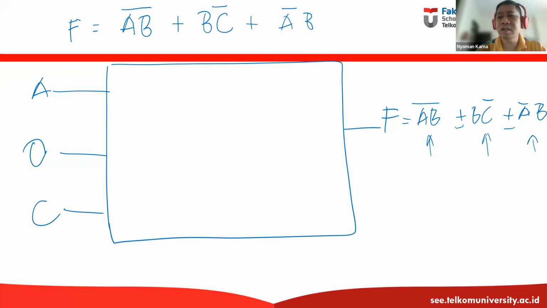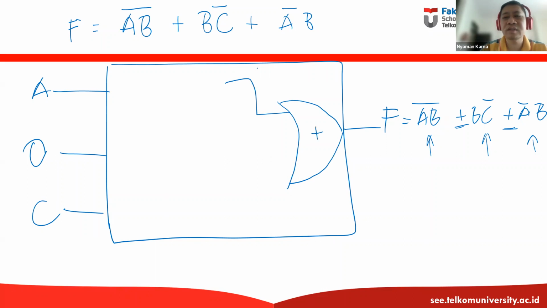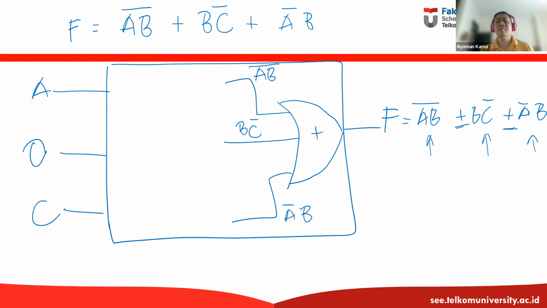Because we have addition here, we have the OR gate to get F, and it is an addition of three functions, which are A B naught, B C naught, and A naught B.